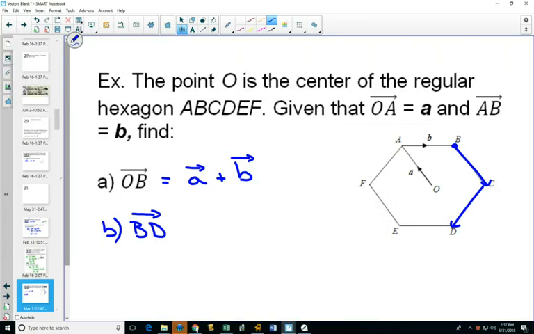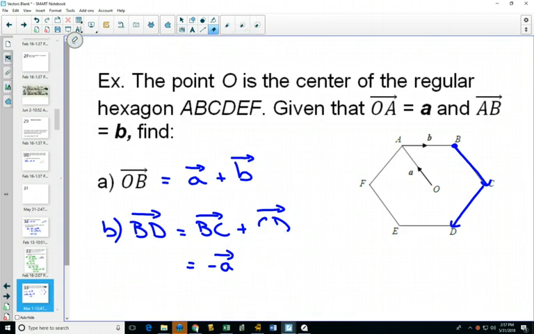Can you see that if that's the route you take, BC plus CD, BC is negative A, and CD is a negative OB?